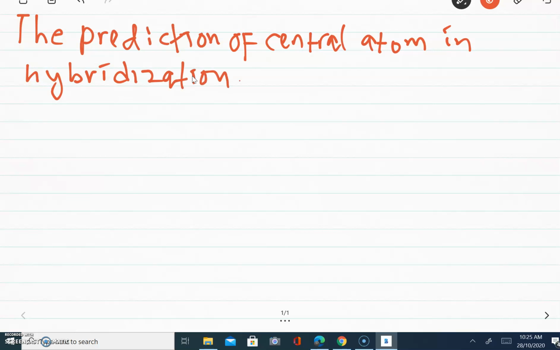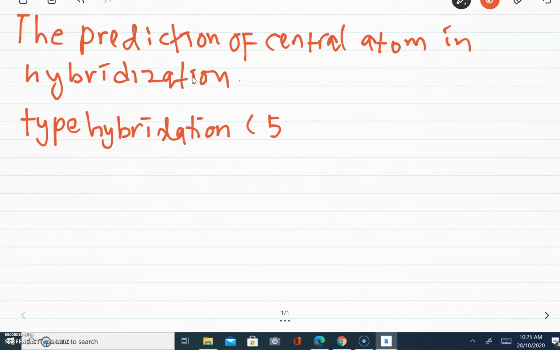Before we proceed to our lesson, we recall that the types of hybridization consist of 5.